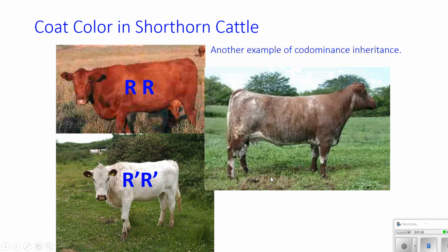So first of all, the cows that are quote-unquote red in color are genotypically RR. That's two alleles that code for this reddish color fur. And the cows that are white are homozygous R'R', so both alleles coding for a lack of pigment or white color hair.